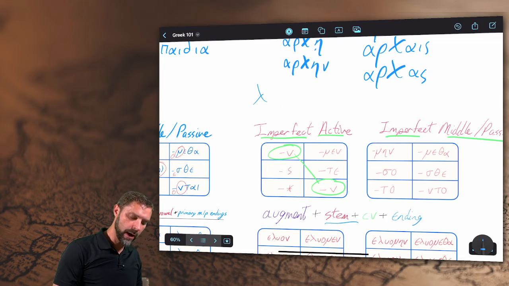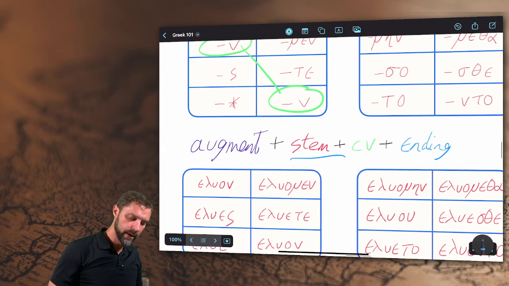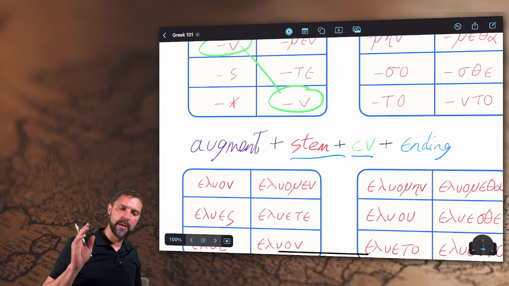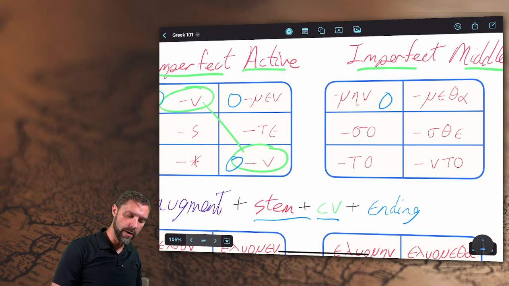So I'll just come down here and I'll take my stem, lu, plus connecting vowel. Remember how the connecting vowels work? If it's a mu or a nu, M-N-O, use an omicron. And so I'm going to have an omicron here on, here on, here: omen, ometha, onta.